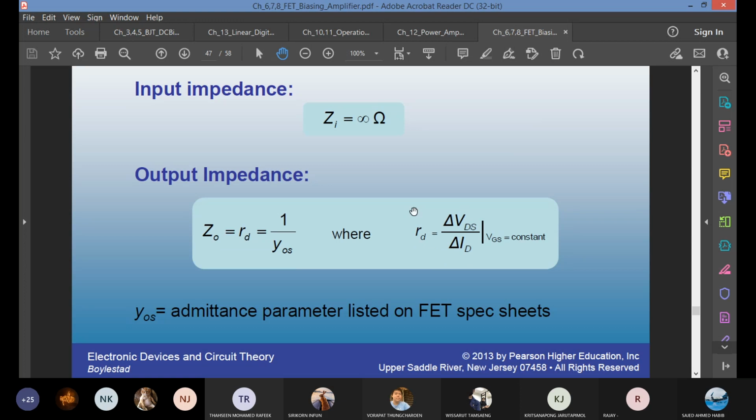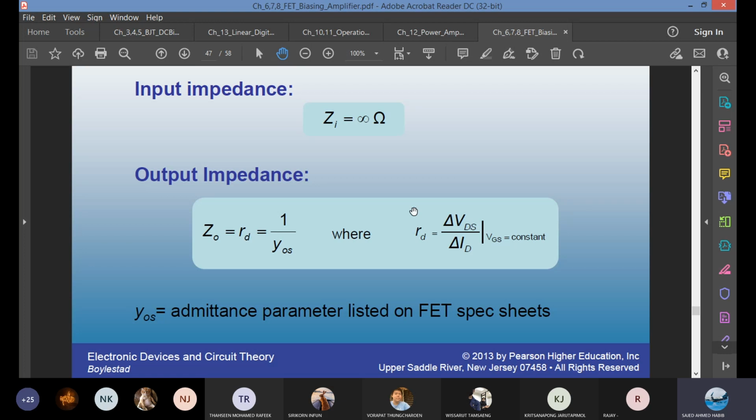Another parameter is called admittance, YOS. It is 1 over small rd. YOS is also given in Siemens. Sometimes it's found in the data sheet, sometimes it's found in the problem. Instead of small rd, you see YOS, and then it is an admittance parameter. It is 1 over rd, or rd is 1 over YOS.